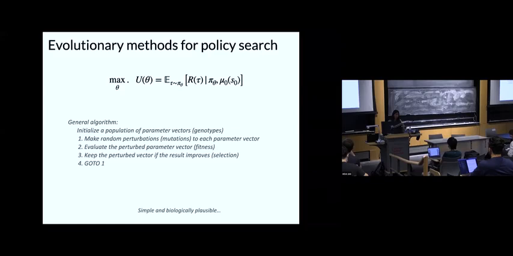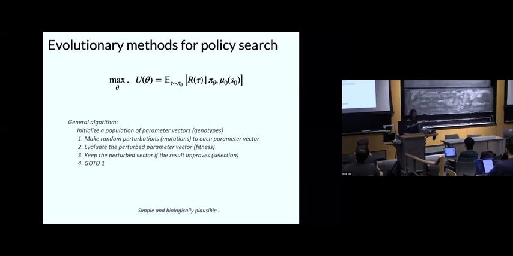Clearly, the more accurate you want to be, the more perturbations you evaluate, and the more trajectories you collect, because the more trajectories you collect, the more reliable every fitness score is. By the law of large numbers, if you want to approximate the expectation, you really need to have lots of samples. And the more perturbations you have, the wider is your search in different parts of the parameter space. Okay?